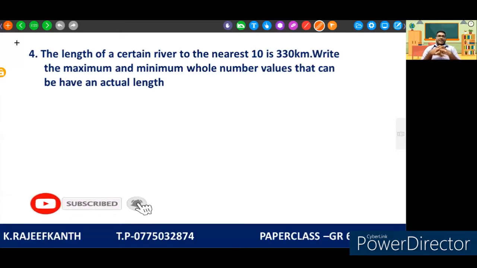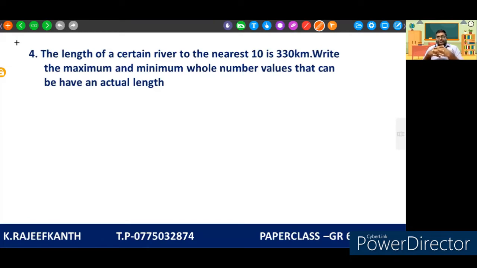Write the maximum and minimum whole number values that can be the actual length. So after rounding off to the nearest 10, that is 330. Now you have to find the suitable numbers, then select the minimum value and the maximum value.